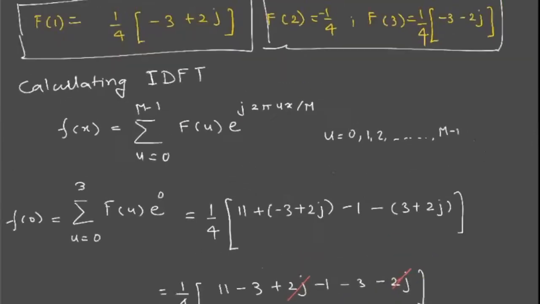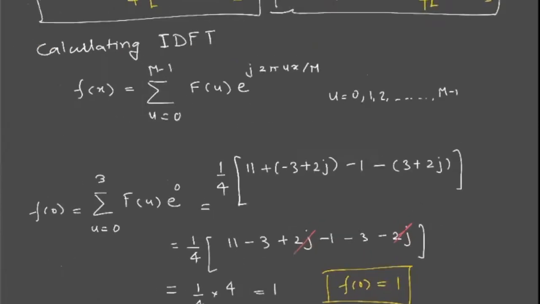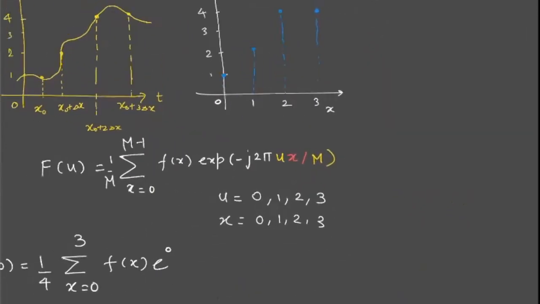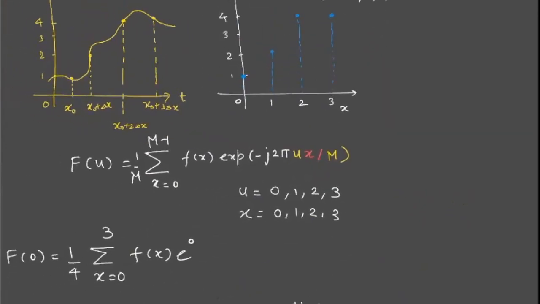So if you see, our f of 0 was 1. Okay. So similarly, if you substitute, you will get other values of f of x also. The only complication will be that now your u will become non-zero, hence all those exponential terms will come, and now you will use that Euler expansion, e to the power j theta equals cos theta plus j sin theta, and you can do it. Okay.